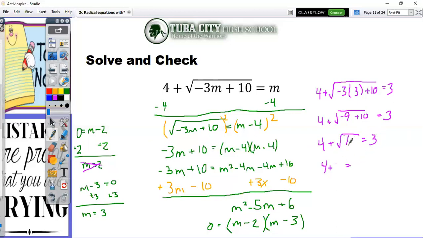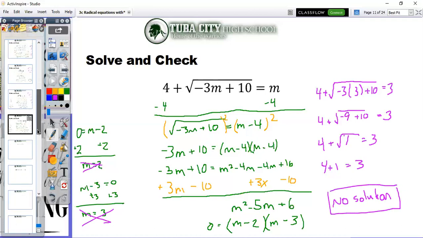And the square root of 1 is 1. 4 plus 1 equals 5, not 3. So in this case, neither of them works, and that results in no solution.